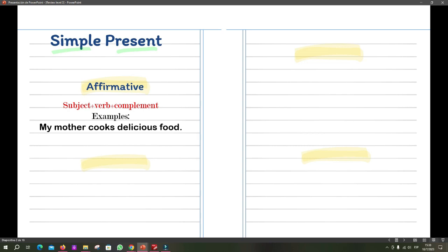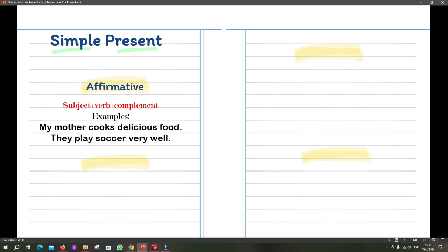Because you're using third person singular, he, she, or it. So in this case, my mother cooks delicious food. And this is an affirmative sentence. You're going to add the s, right? Or you can say the s or the ies or only the es, right?